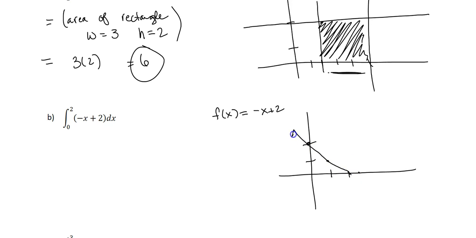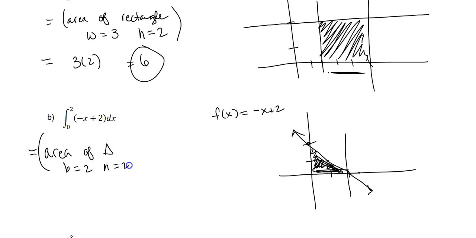This is going to be a triangle. And we're going from 0 to 2, so that is the shape we're looking for. So this is going to be the area of a triangle where the base is equal to 2 and the height is equal to 2. And it is all positive, so we're good there. So we know that this is base times height over 2, or 2 times 2 over 2, which is 2.